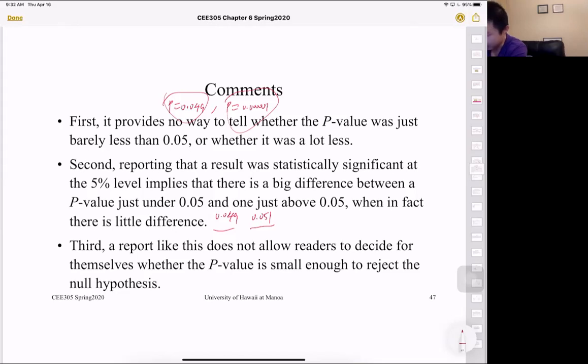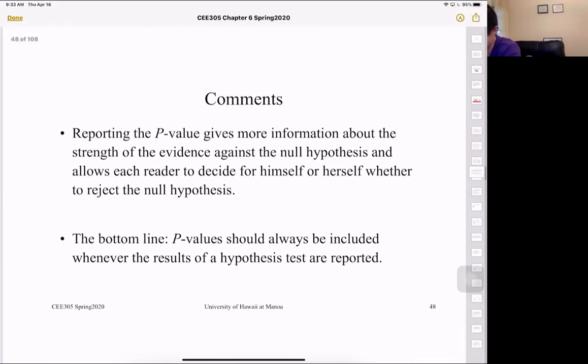But actually, that's a very small difference between the two. Because the p-value is not given, the readers cannot decide whether the p-value is small enough to reject the null hypothesis. So that's the reason we should always give the p-value. Reporting the p-value gives more information, and it allows the reader to decide whether to reject the null hypothesis or not. So always give the p-value.